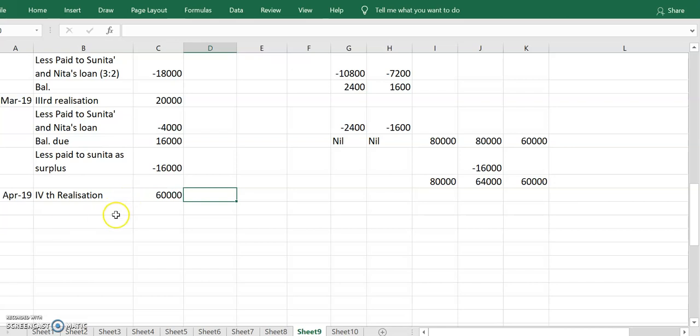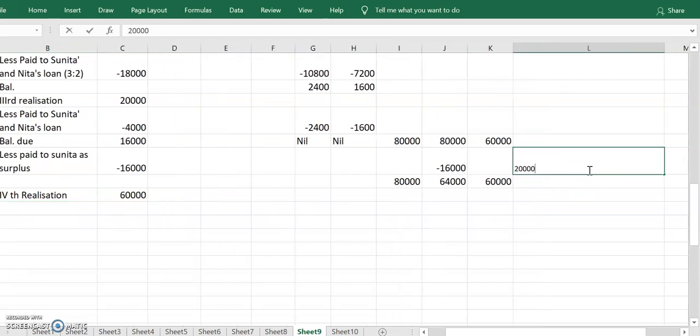So if you have sufficient cash in the cash column, then pay the surplus of Sunita. That is the total amount you have to pay at this stage, 20,000 according to your surplus statement, but we paid only 16,000, whatever the amount with us. That means 4,000 she still has as surplus.